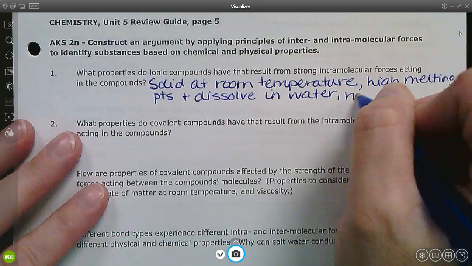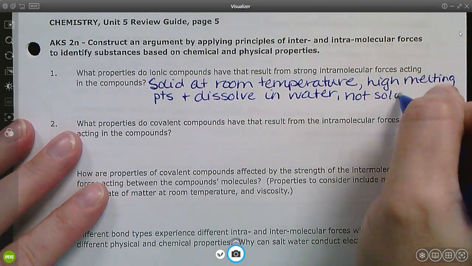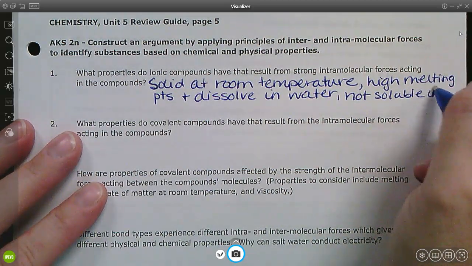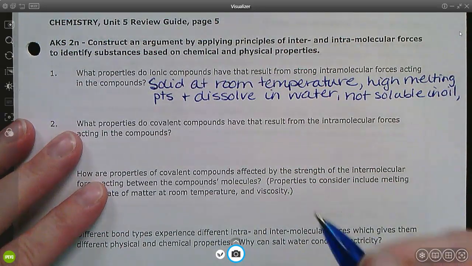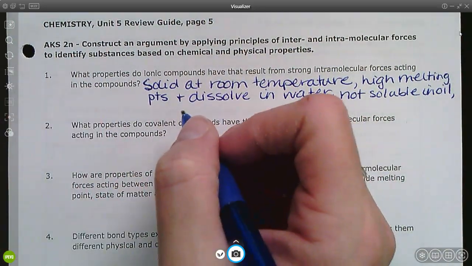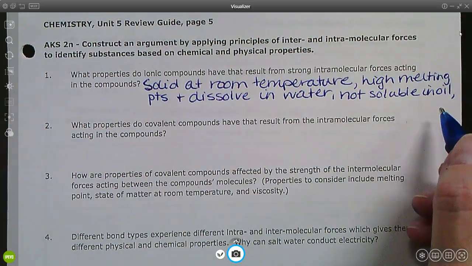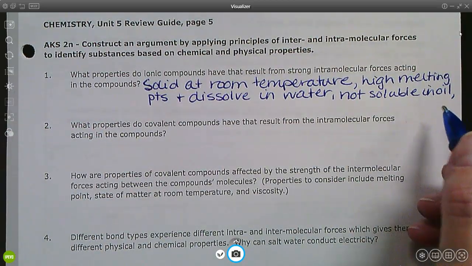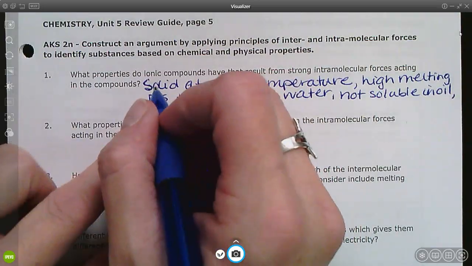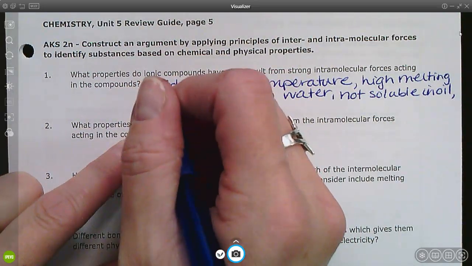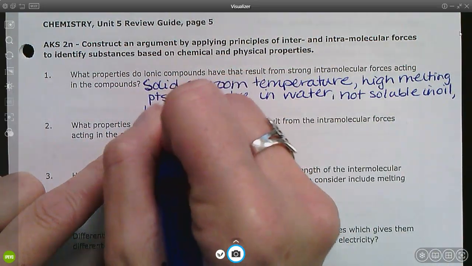They're not soluble in oil or any non-polar substances. Okay, so they're not soluble in oil or any non-polar materials. They have high boiling points.